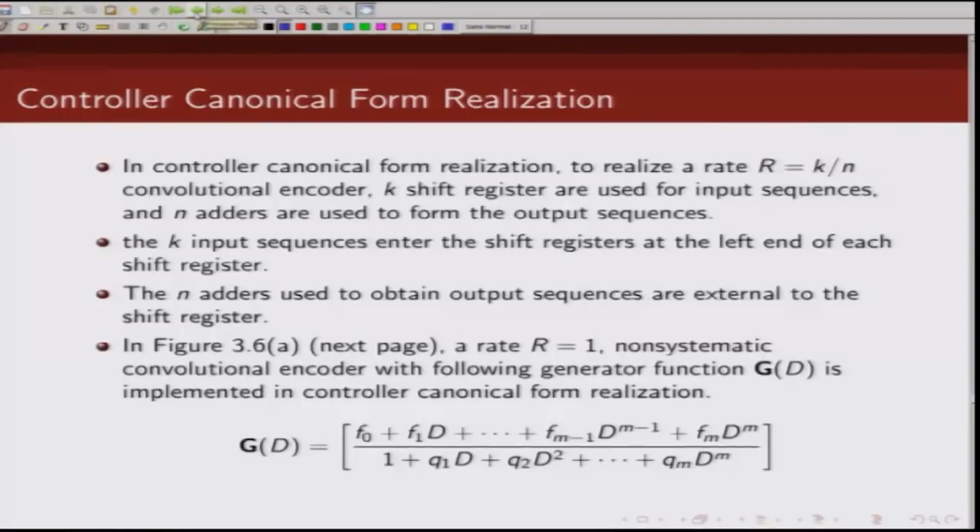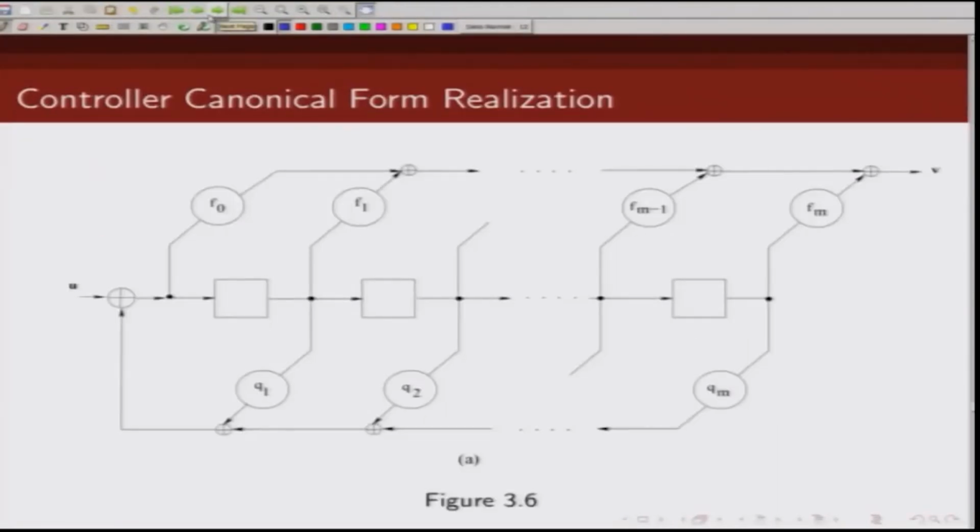Next, we use n sets of adders. Now, what is n here? Because it is a rate 1 encoder, n is also 1. So, we will use one set of adders, basically the output that we are seeing, to obtain this coded sequence V.